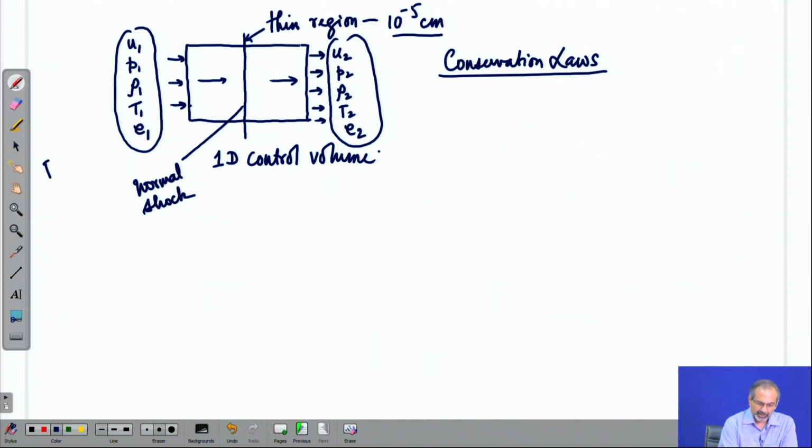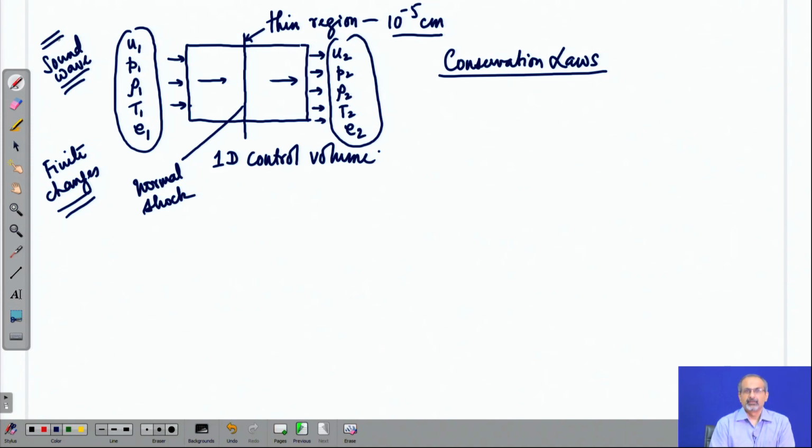We remember that there are finite changes occurring across the control volume in place of infinitesimal or differential changes, which occurred in the case of a sound wave. You would recall that in the case of sound waves, we had shown the differences in differential amount form, while here the changes are finite.